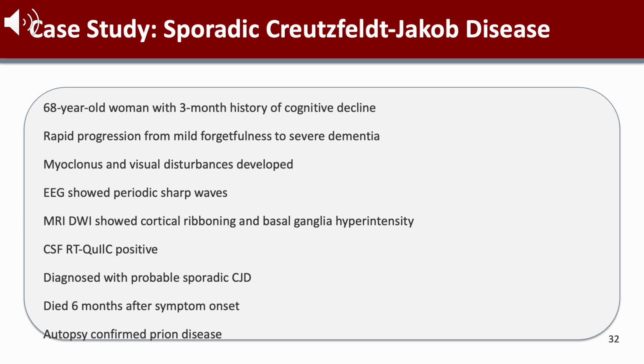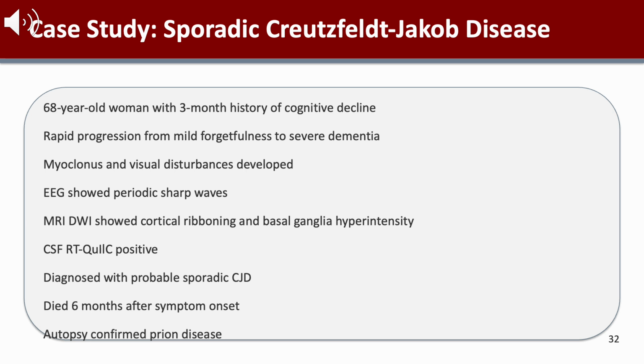A 68-year-old woman presented with a 3-month history of cognitive decline that rapidly progressed from mild forgetfulness to severe dementia. She developed myoclonus and visual disturbances. Electroencephalography showed the characteristic periodic sharp waves. Magnetic resonance imaging with diffusion-weighted imaging showed cortical ribboning and basal ganglia hyperintensity.